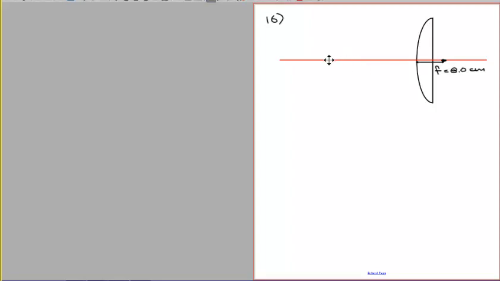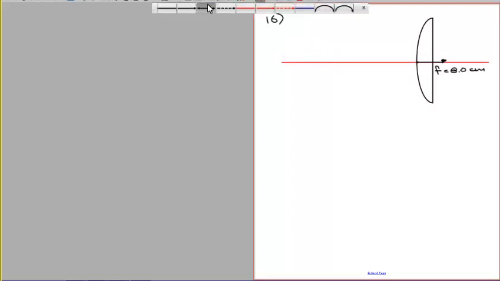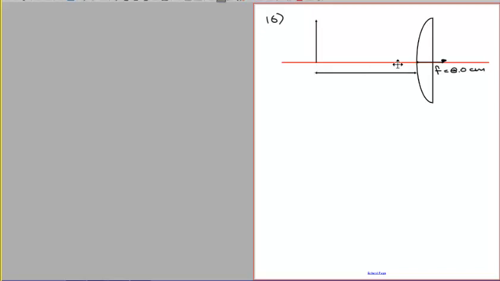Okay, so let's draw my object like that. And again, we're going to the center of the mirror. So this distance to here, that's the object, P. And then the Q, let's read it again.